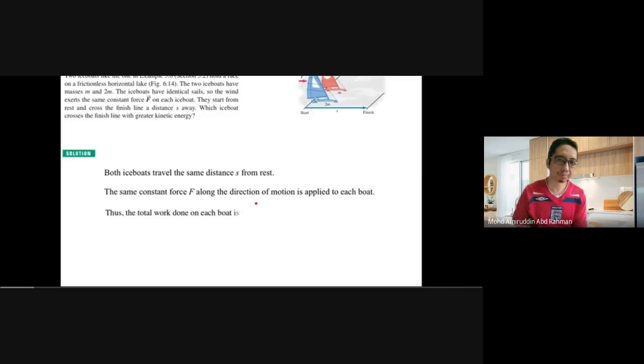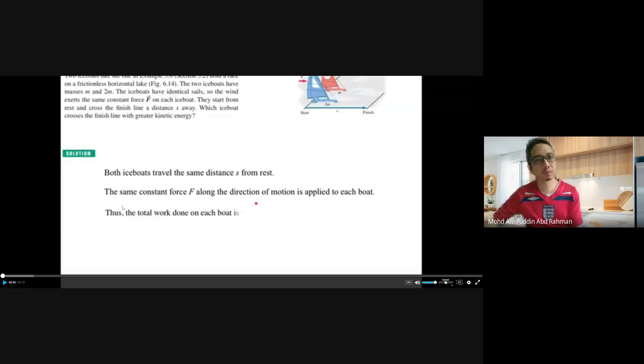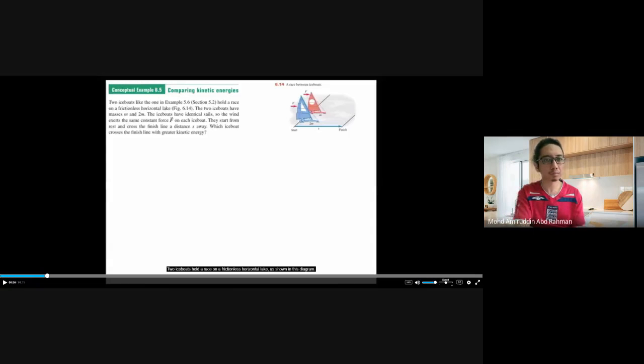Okay. From this example, it is about a conceptual example. So which ice boat crosses the finish line with the greater kinetic energy? When you look at the example there, the blue boat has 2 times the mass of the red boat.